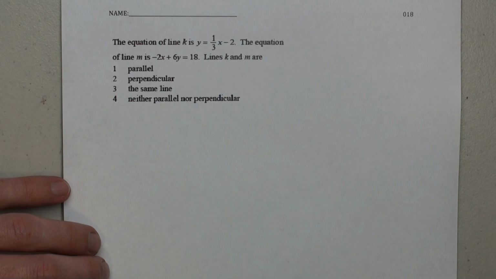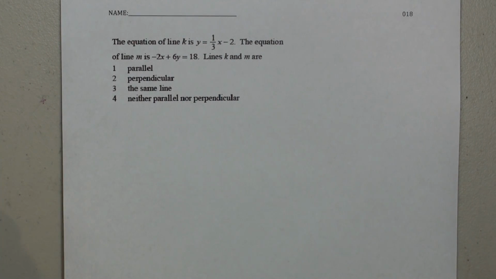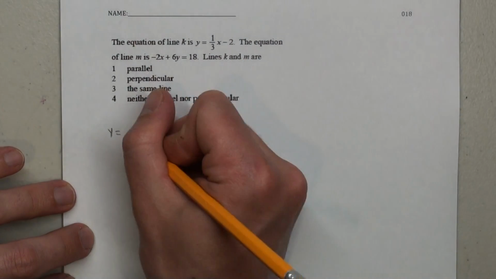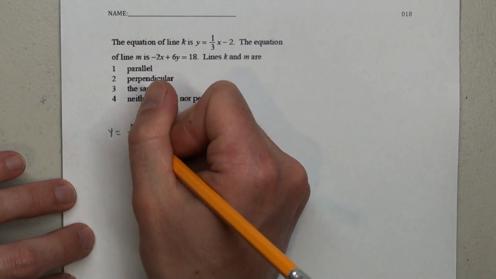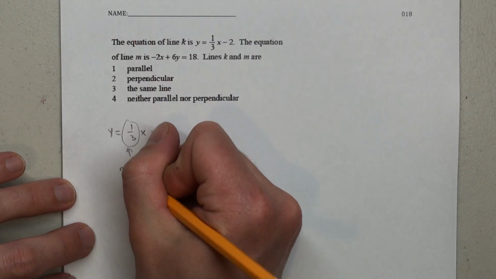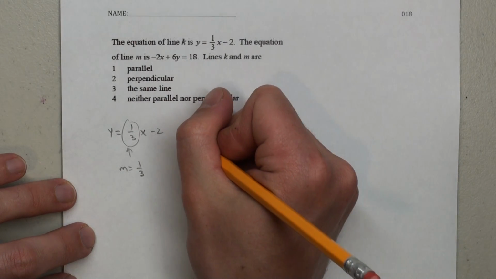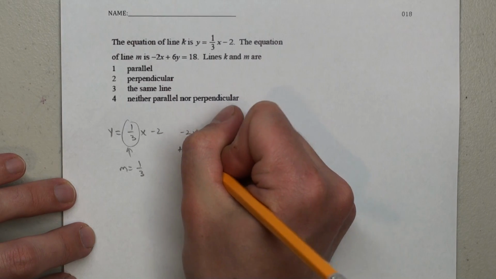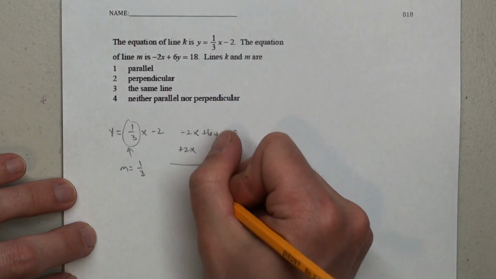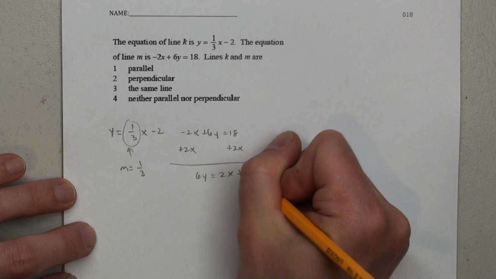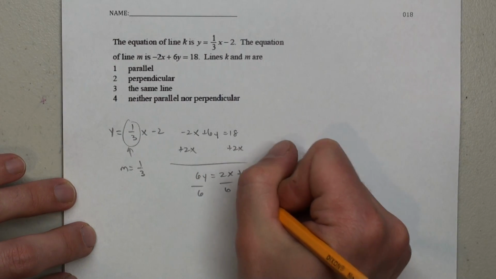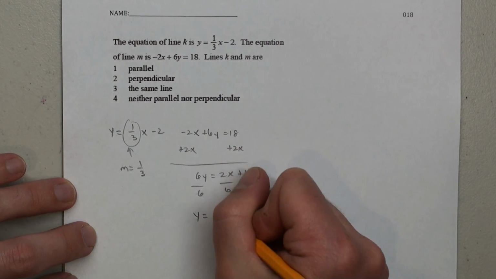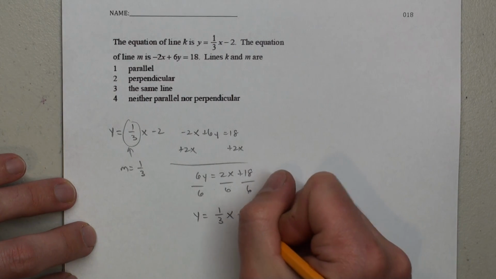The equation of line K is y equals 1/3 x minus 2. The equation of line M is negative 2x plus 6y equals 18. Lines K and M are, so we do the same thing. I'm reducing, right?